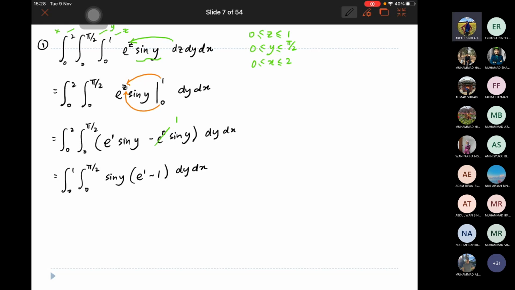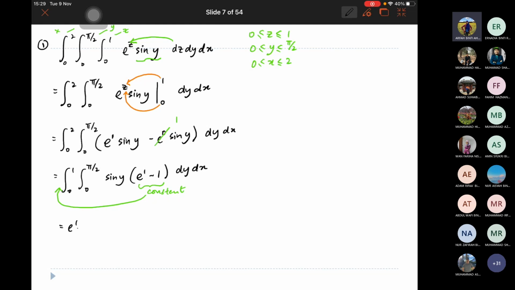So daripada sini, memandangkan exponential 1 tolak 1 ini adalah constant. Okay. So kita boleh bawa ke luar, menggunakan apa nama dia? Constant rule. Properties tadi.